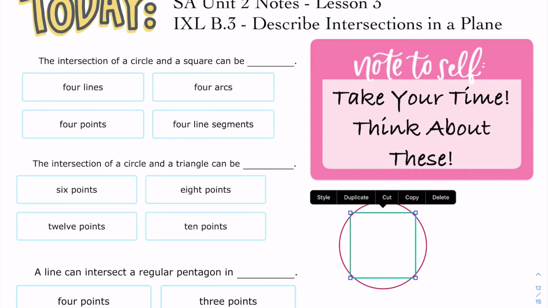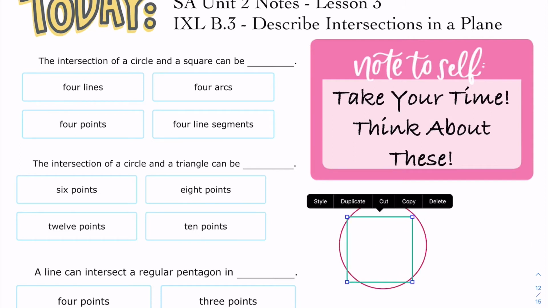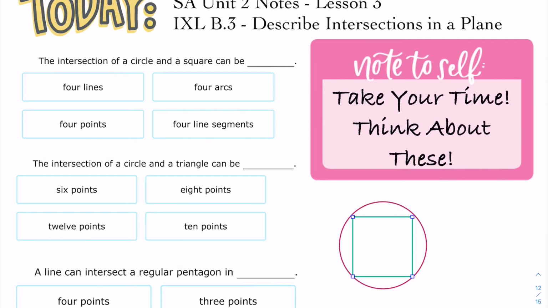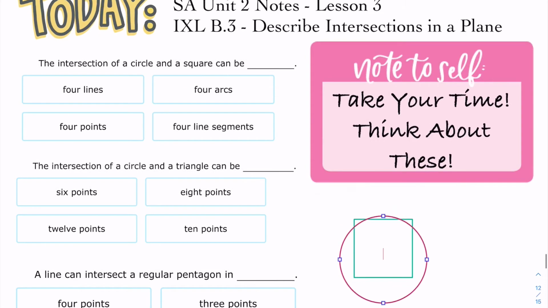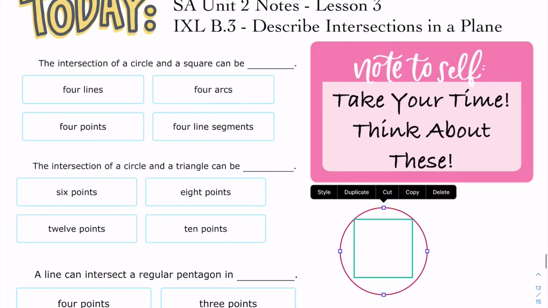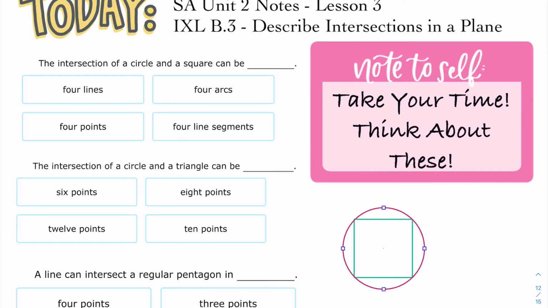And so what we can do is shrink this down. Might be easier to shrink the circle. There we go. For line segments, no, remember, this one's going to be 4 points.